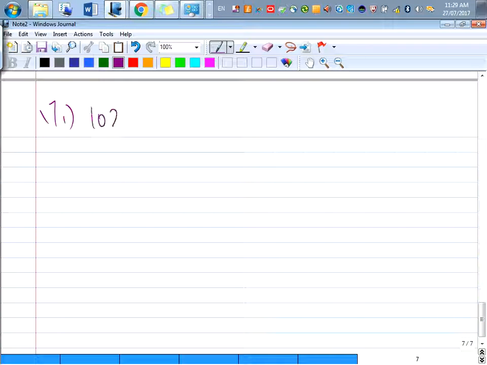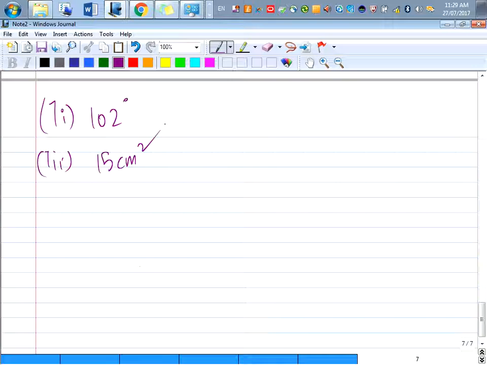Part 1, 102 degrees. Part 2, okay, it's a showing question. Anybody needs help for that? Okay. Part 3, 15 square centimeters. All okay, this?